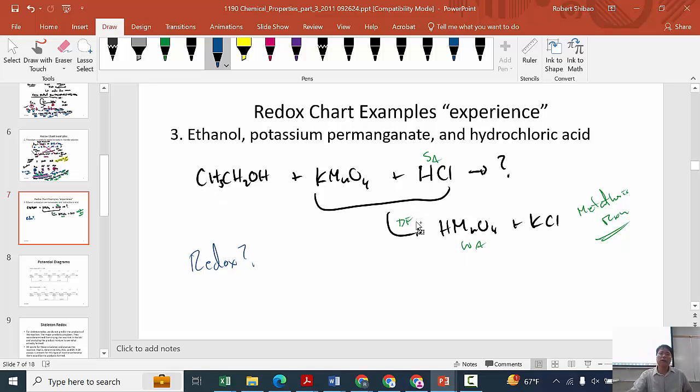The reason I think of redox is because I think about permanganate. Permanganate is a powerful what? Oxidizer. It's like number 5 on the chart. Permanganate's a powerful oxidizer. So I'm thinking, if permanganate's present, what can it oxidize? Well, it could oxidize chloride. It could oxidize water. But is chloride and water very easy to oxidize?